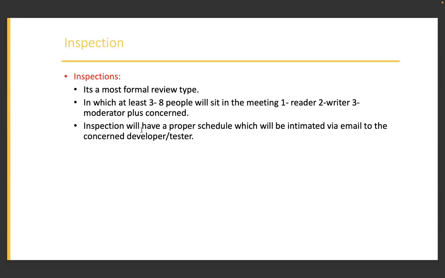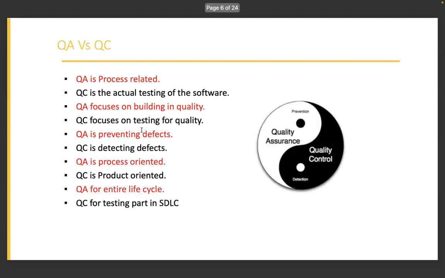Okay, so all those discussions happen in the inspection area. Okay, in inspection, you will have one reader, two writer, three moderator, and obviously other stakeholders who will participate, and at the end you will get a proper MOM for this discussion, guys. Okay, what all steps or further steps you need to take to make sure that the errors you are getting are minimal.